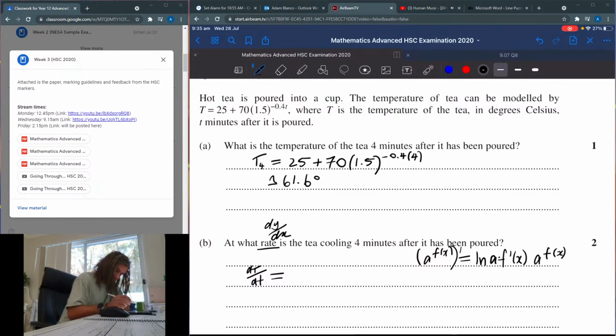There's also a 70 out here, so let's leave the 70. ln A is the 1.5, so ln 1.5 times the derivative of the top. The derivative of the top is negative 0.4. And then I times it by the original thing, which was 1.5 to the power of negative 0.4t.